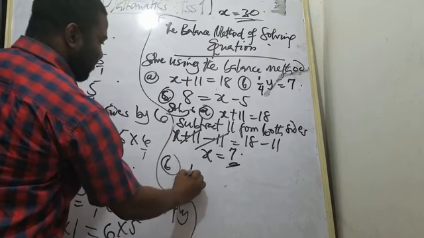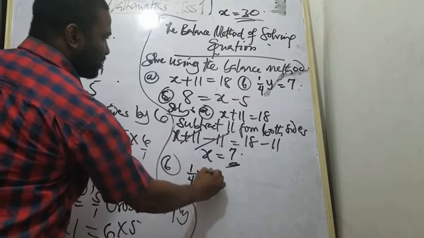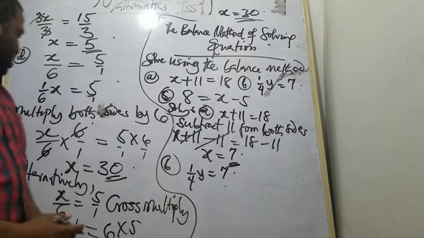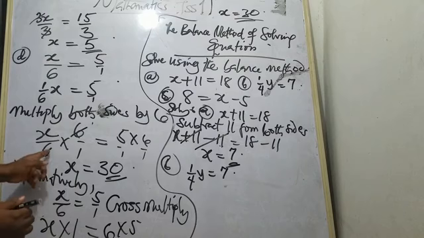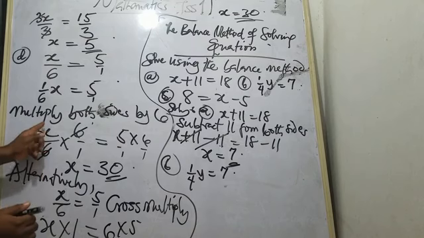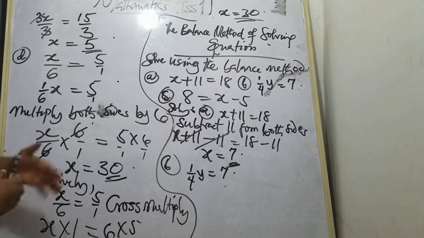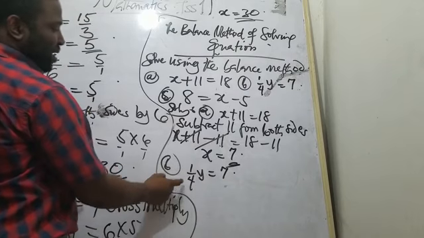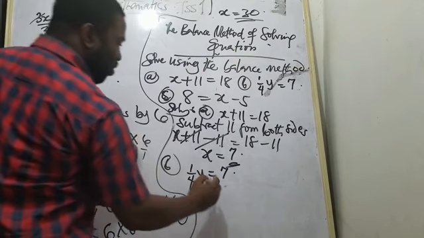You have 1 over 4 y is equal to 7. This is the example I gave you, okay? When you have x over 6, you multiply both sides by the denominator. Now, you are multiplying both sides by what? The denominator 4.